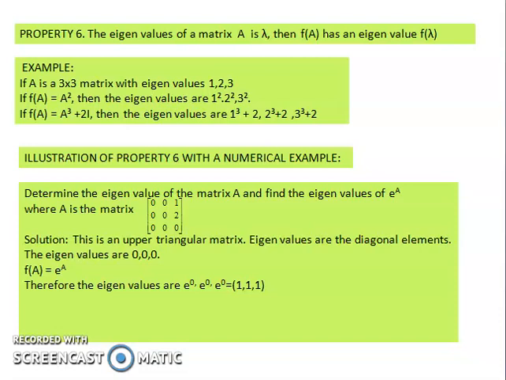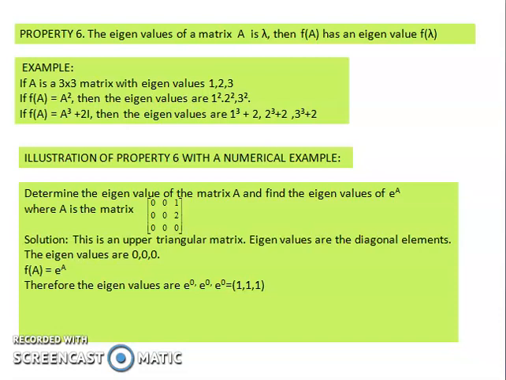The eigenvalues of the matrix are 0, 0, 0. The given function is f of A equal to e power A, so I have to perform this operation on the eigenvalues. I will have e power 0, again e power 0, e power 0, which is 1, 1, 1.